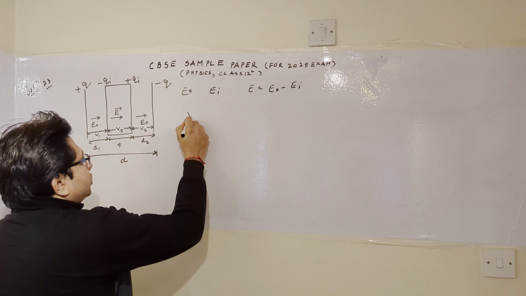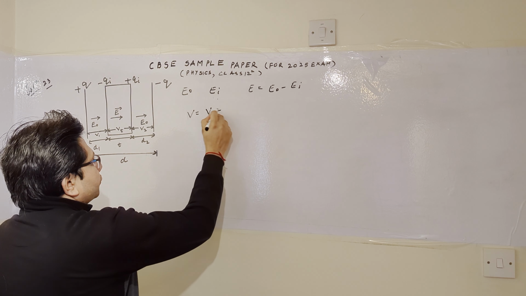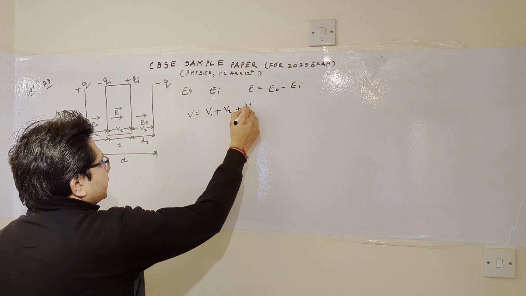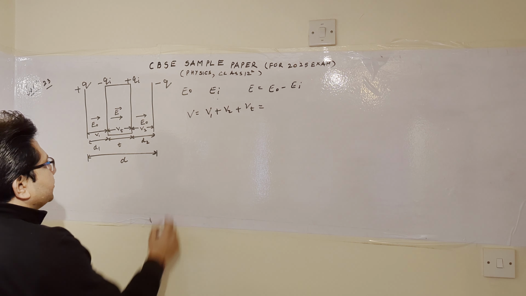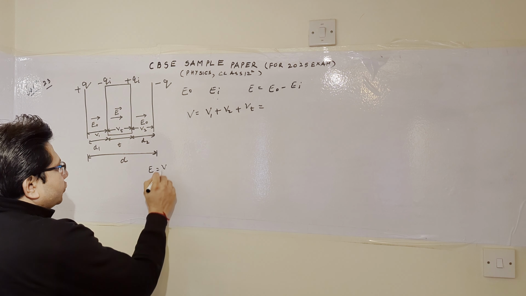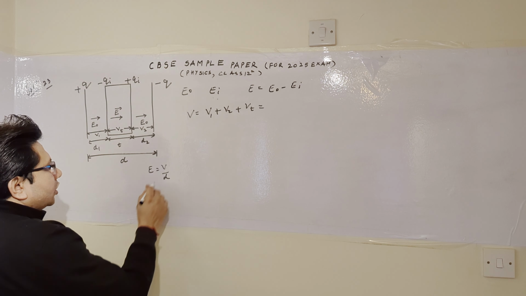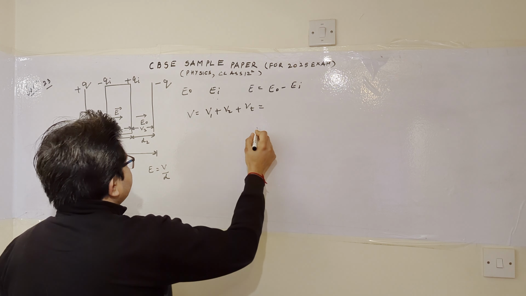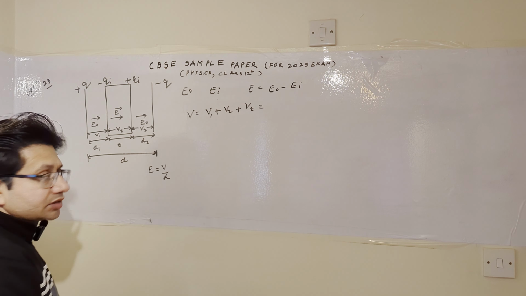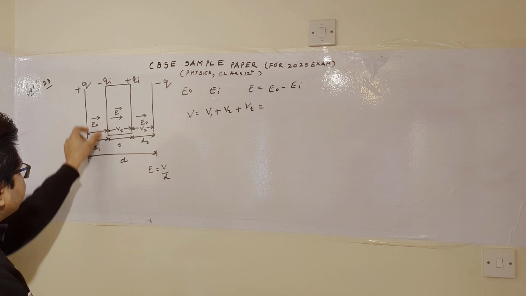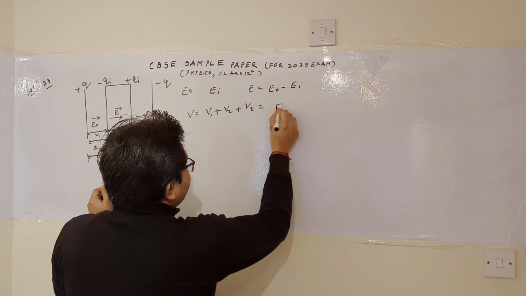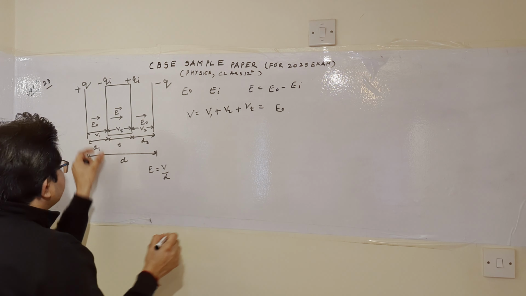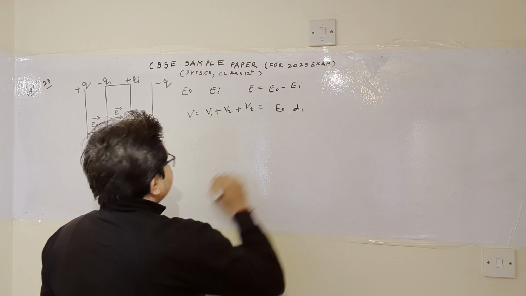So we can say that the total voltage is the sum of V1 plus V2 plus Vt. Now what is V1? From the formula E equals V upon d, V1 is the electric field multiplied by the distance. The electric field in this section is E naught and the distance is d1.